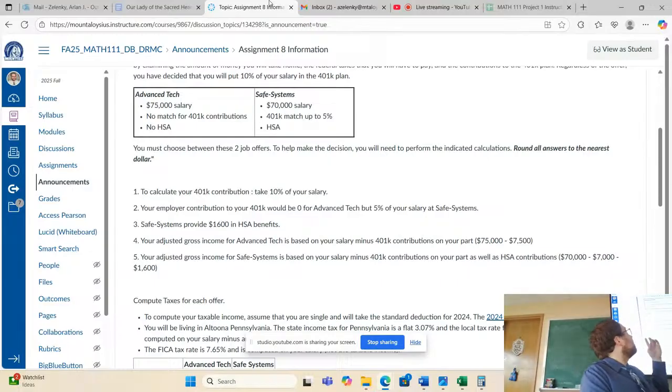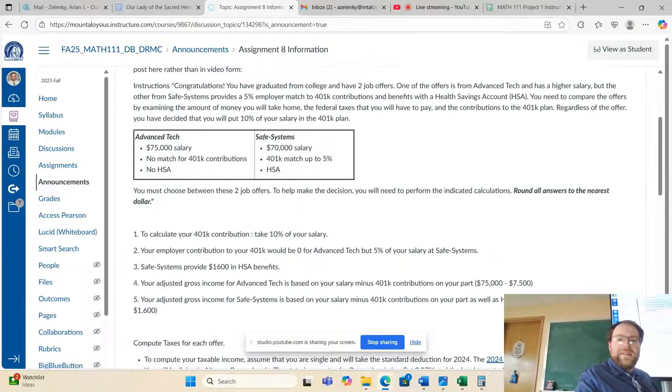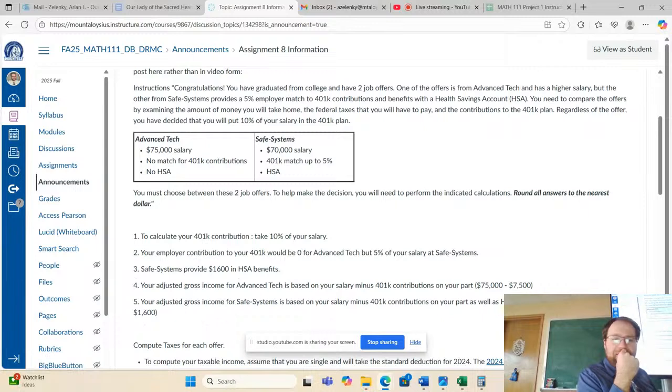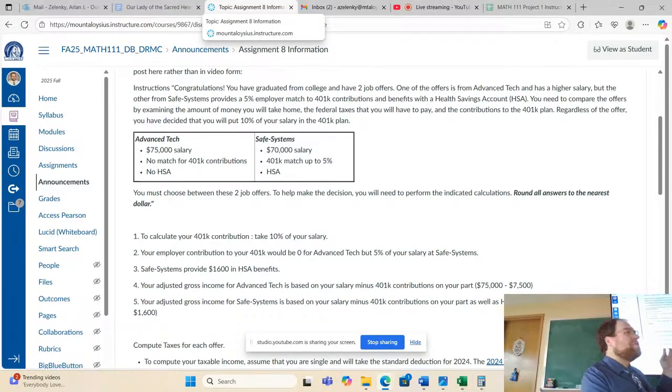So in the case of Advanced Tech, 75,000 minus the 10% you put in, 7,500, to give you your adjusted gross income. Yep. Any questions so far?